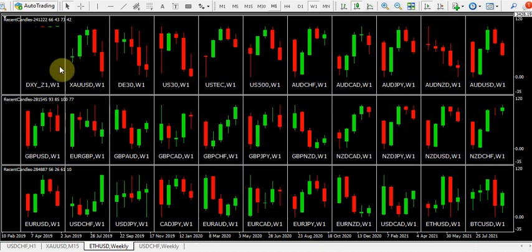So the first chart that glares at me that is of possible interest is gold, 2 massive great big bars down, so it could well instigate a bounce. So I would go and have a look at the gold chart and do some further investigation.